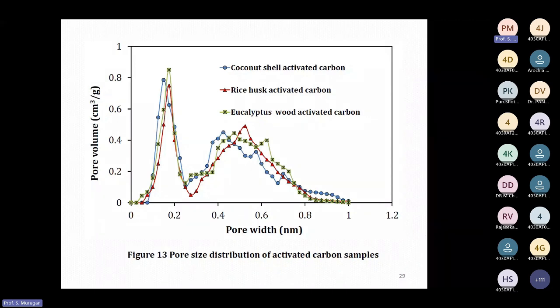So pore volume was studied with respect to pore width for these three samples: coconut shell activated carbon, rice husk activated carbon, and eucalyptus wood activated carbon. With respect to pore width, the pore volume is just measured and plotted.